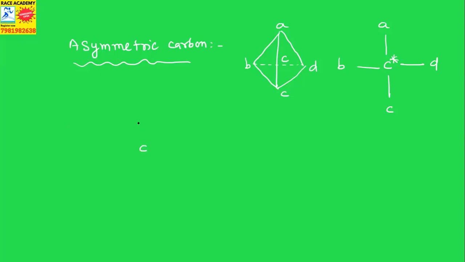So when you are writing lactic acid, you will write a methyl group on one side and a carboxylic acid on one side, hydrogen, and another methyl group. This is alcohol. In the case of lactic acid, OH is also there.